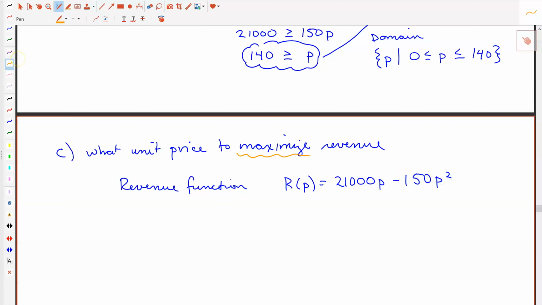Looking at the function, the coefficient of my quadratic term is negative 150, so we will have a downward opening parabola. Because it is a downward opening parabola, we'll have a max that occurs at the vertex.